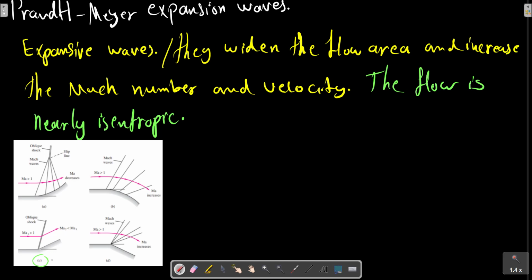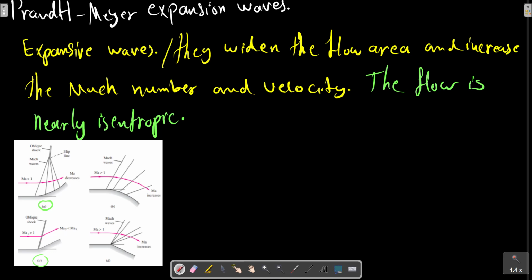The gradual compression of part A is essentially isentropic, with a smooth increase in pressure along the surface, but the Mach angle increases along the surface and the waves tend to coalesce farther out into an oblique shock wave.